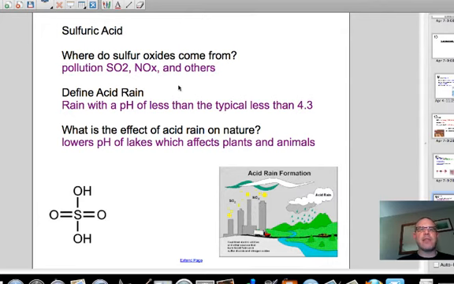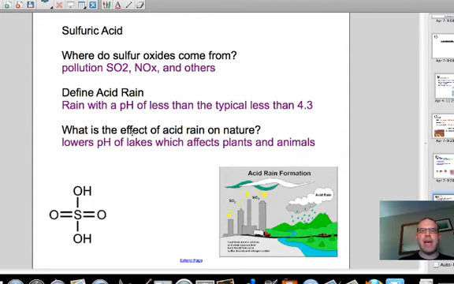When we think of acid rain and think of things being an acid, we initially think of a pH less than 7. But when you look up, and I went out and looked at the EPA website, they talked about acid rain as being typically less than 4.3. Average rain that's not acidic is actually about 5 to 6, just based on the normal compounds that are in our atmosphere.